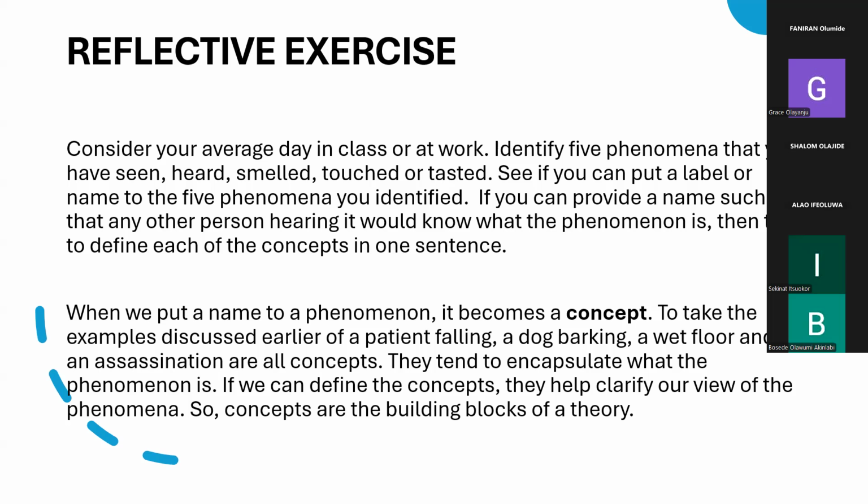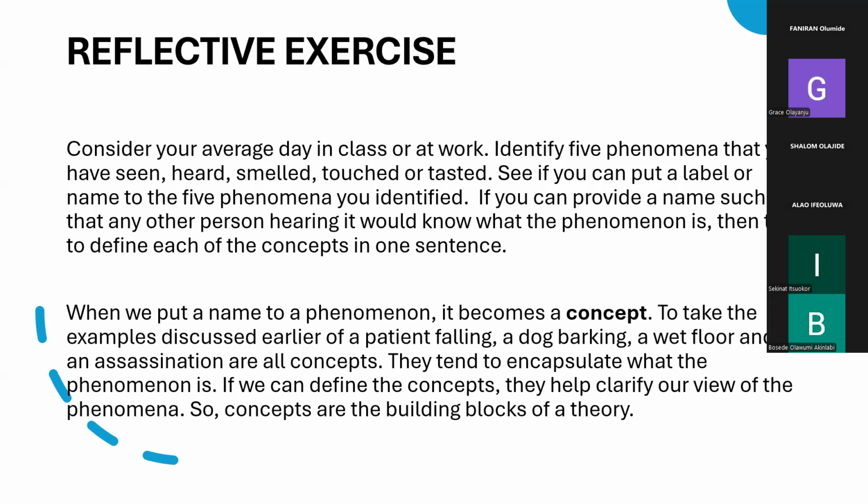A fall now, a collapse. I think it may not be collapse. When we are dealing with concepts, we have to be specific. We are not sure whether the patient collapsed. All we note is that the patient fell. So that was a fall. It could be that there was a wet floor and the patient tripped.